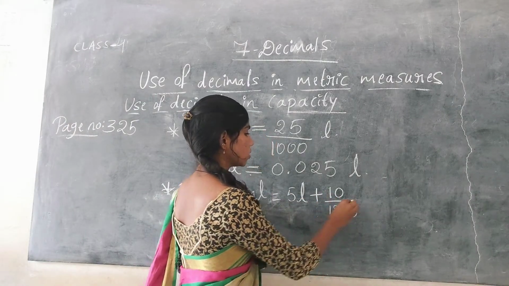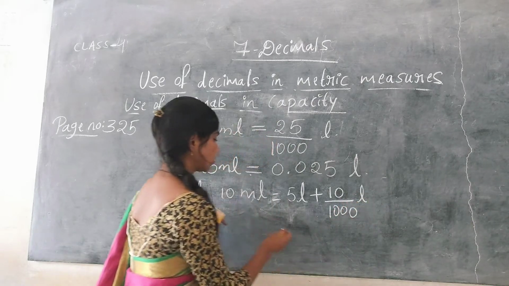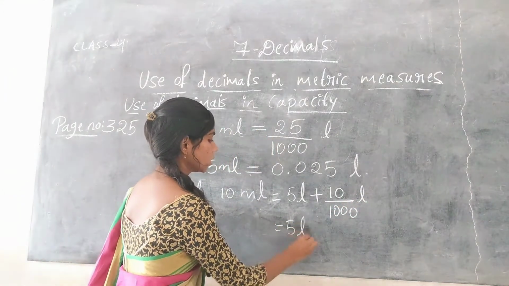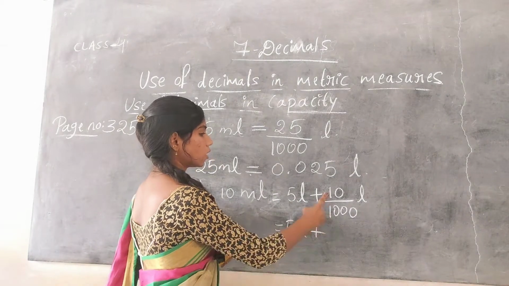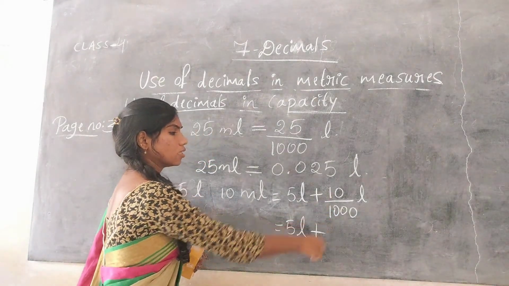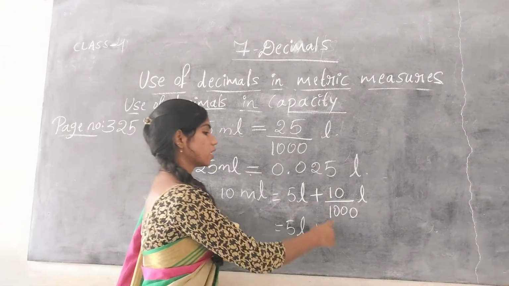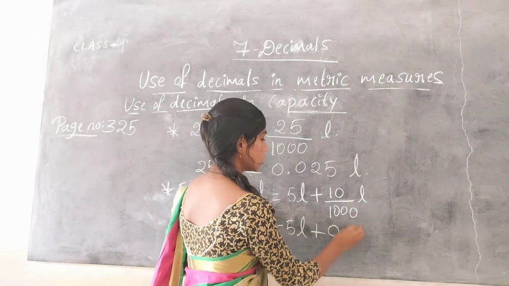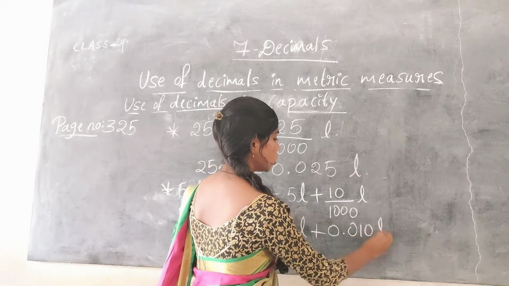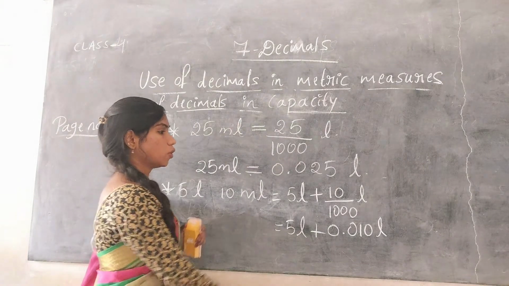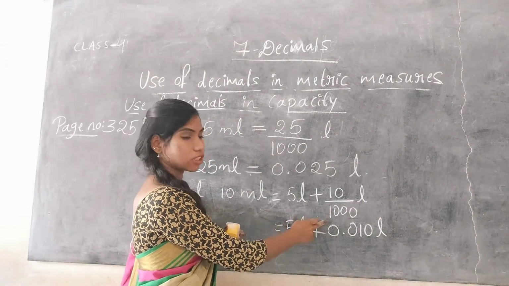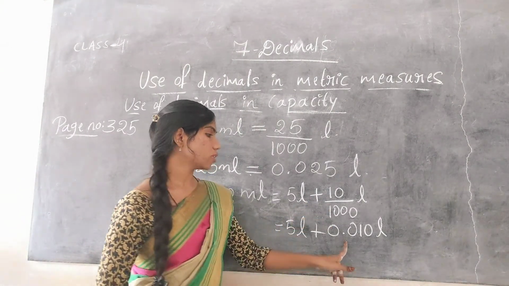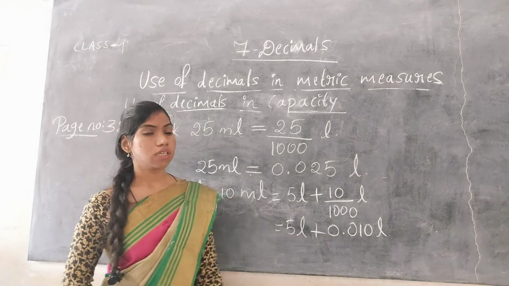So 10 by 1000 liters, which in decimal fraction we write as 0.010 liters.